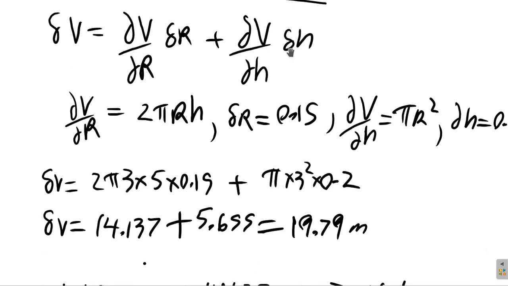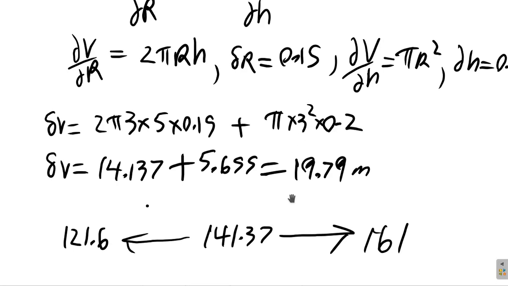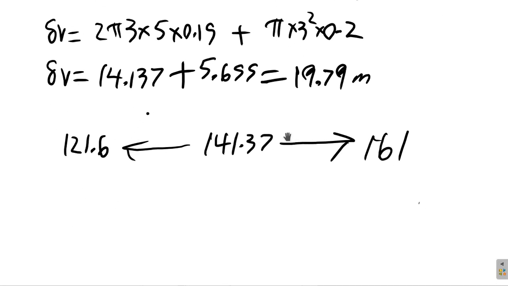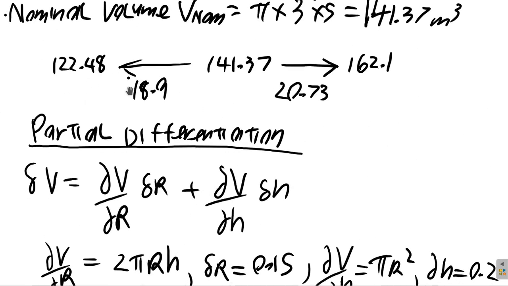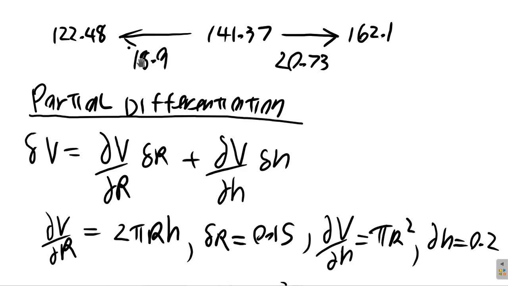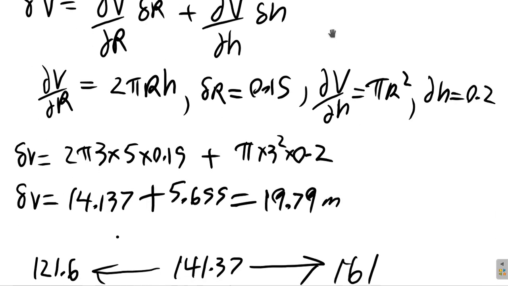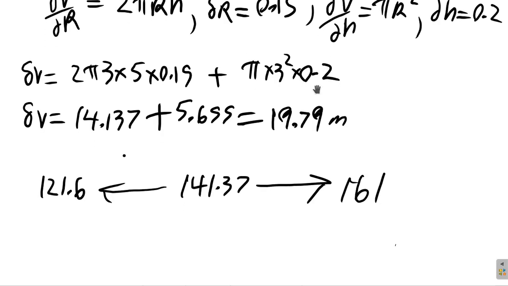Alright, so this one is more accurate. Even though the difference might not be considered too much, using the partial derivative is more accurate. And you notice here, with the extreme values you have two different ranges, 18.9 and 20.73. But here, this has one range, plus or minus 19.79.